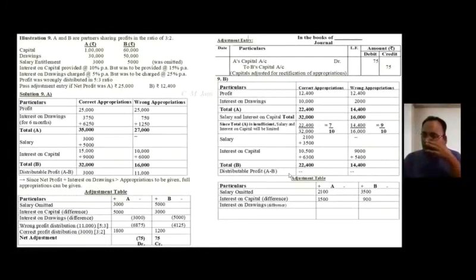So interest on drawings amount will remain the same as in case A. Difference was 3,000 and 5,000. Same amounts will come in this case also. Within brackets, below the minus sign.